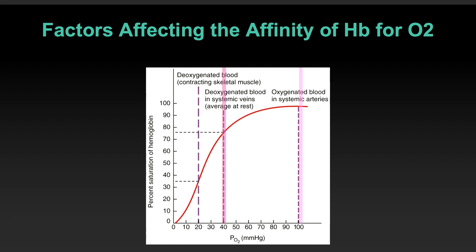Maybe that's surprising. Maybe you thought all of the oxygen that you brought in and loaded in the blood was delivered to the tissue. That's not true. Only about a quarter of the oxygen that you load into the blood gets used by the tissue at rest. Which is actually really clever if you think about it.